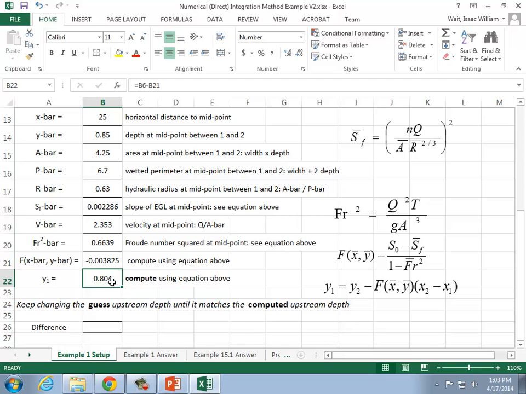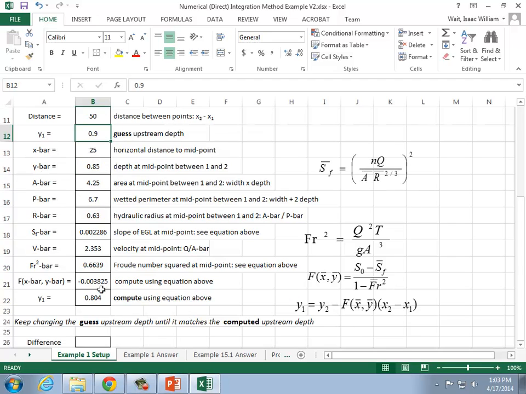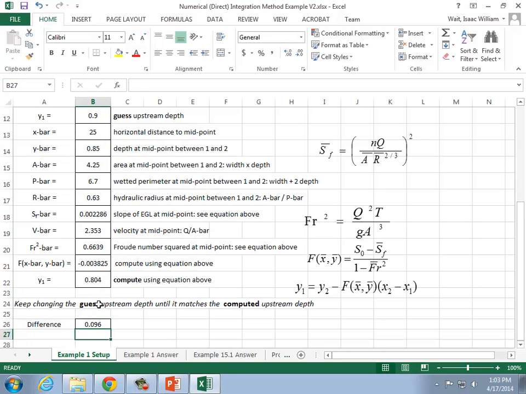value of 0.802. Now, you'll notice that this guess that comes out of this whole calculation chain isn't the same as this one. Here I just guessed out of the blue what y1 would be, and then this is the output. The difference between those two isn't 0 yet, and I want it to be 0.